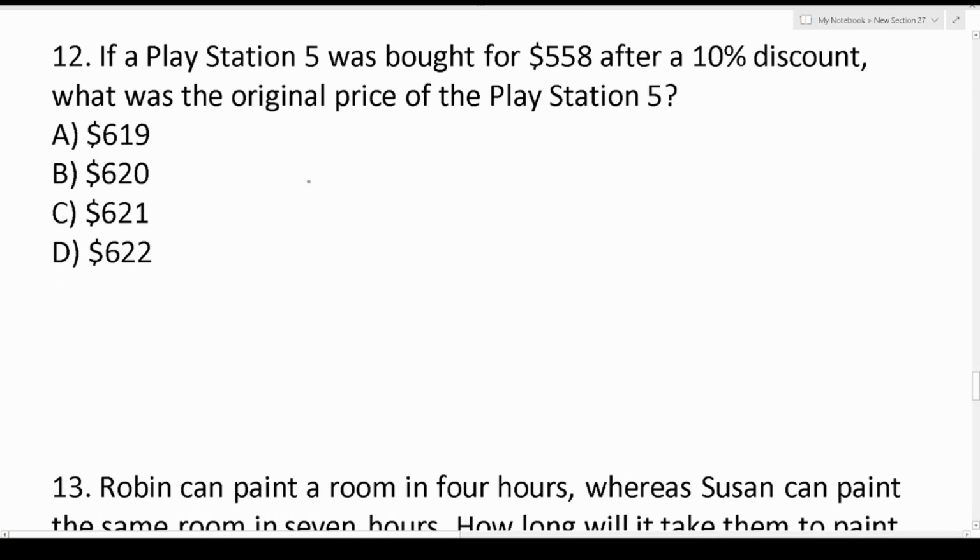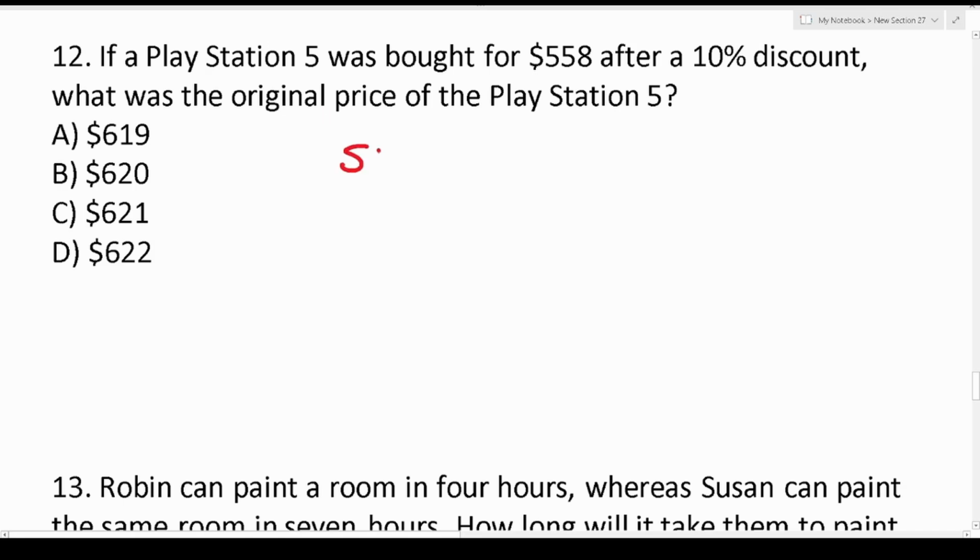All right, number 12 says, if a PlayStation 5 was bought for $558 after a 10% discount, what was the original price of the PlayStation 5? So for this one, we have to know how to figure out the original price given the sales price. And again, we're going to use this formula.